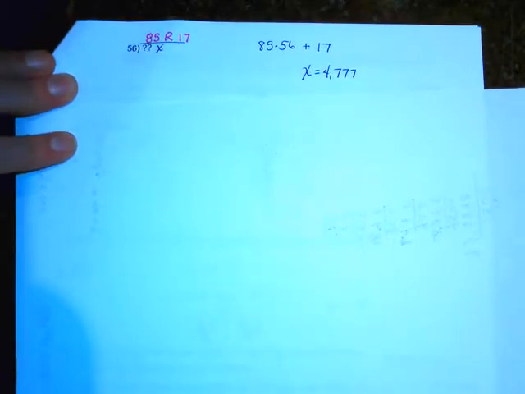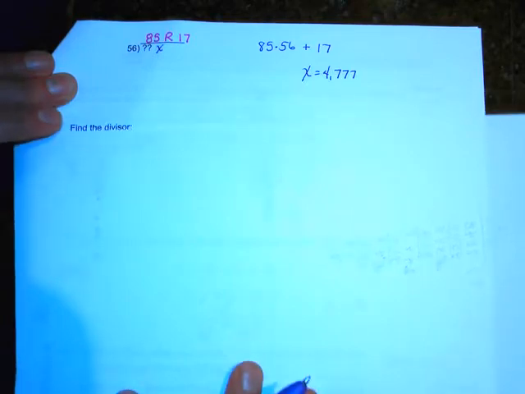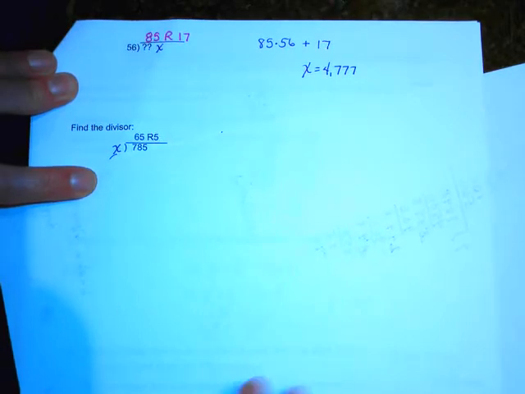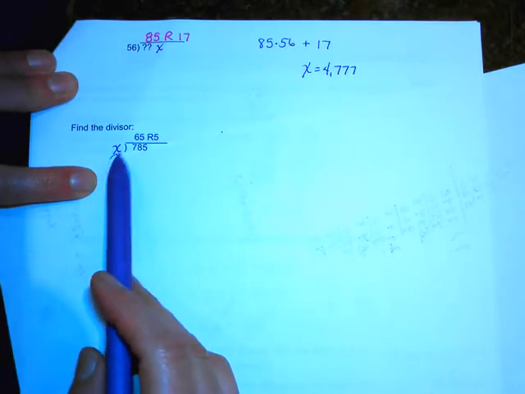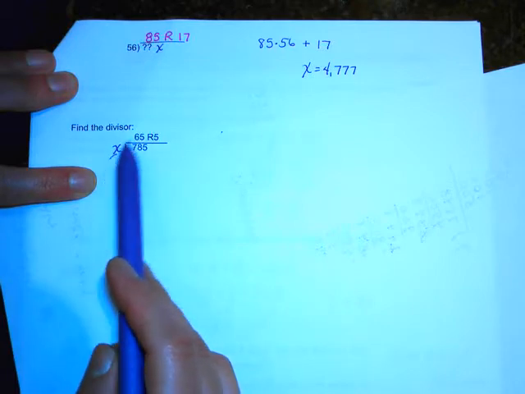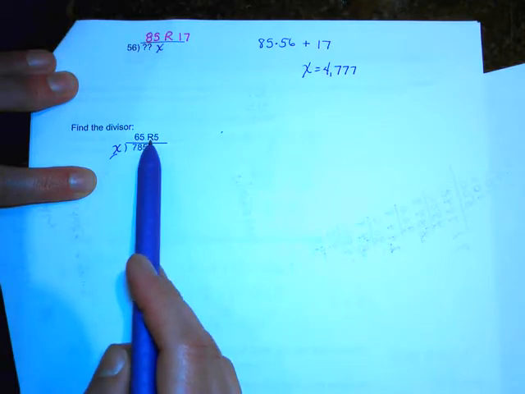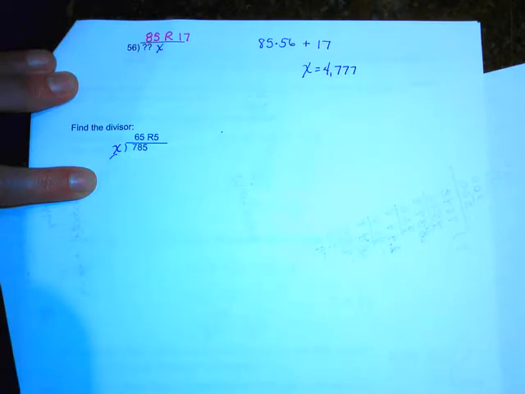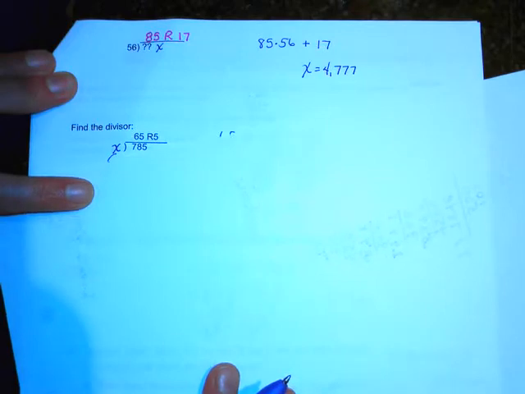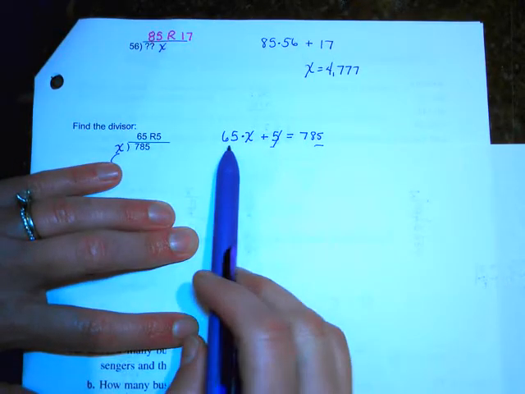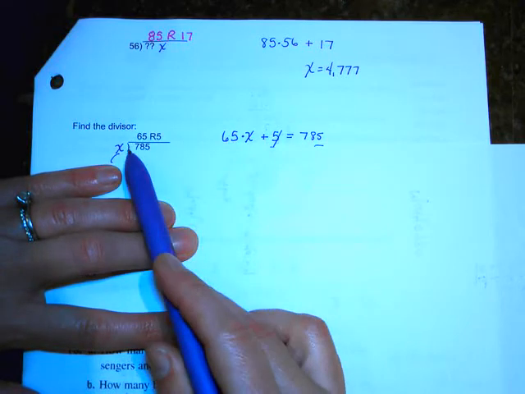Let's look at this next one. Trying to cover up my answer. They said find the divisor. So you want some number times 65 plus 5 to equal 785. Here I have it written down: 65 times some number plus 5 equals 785.